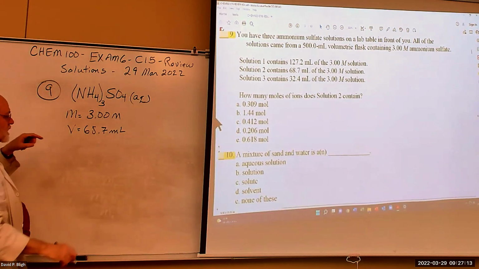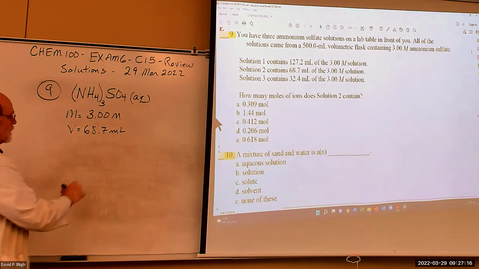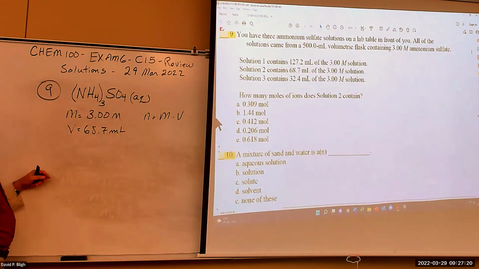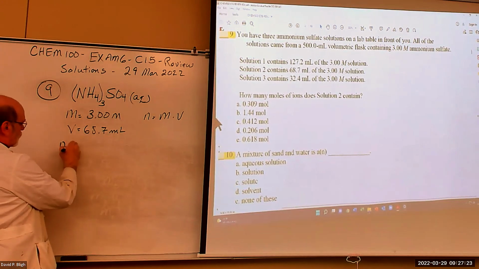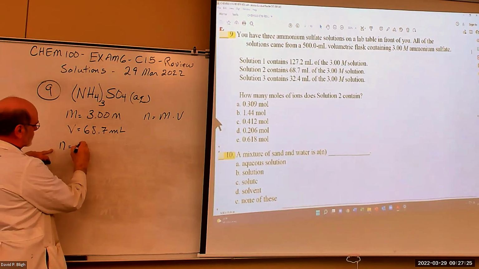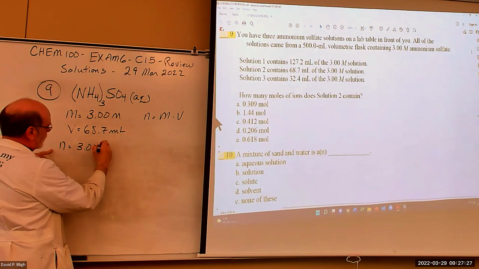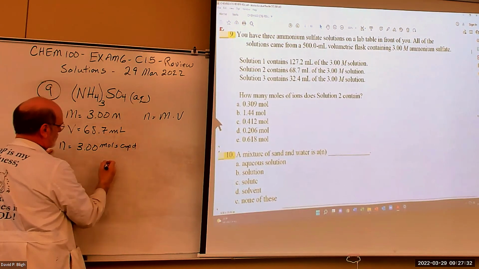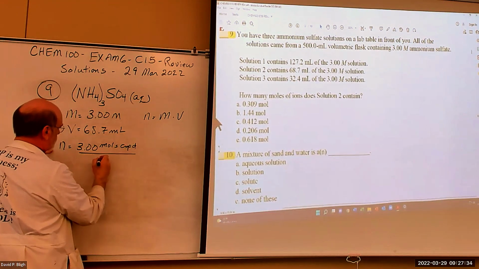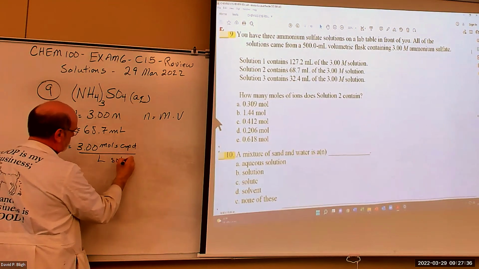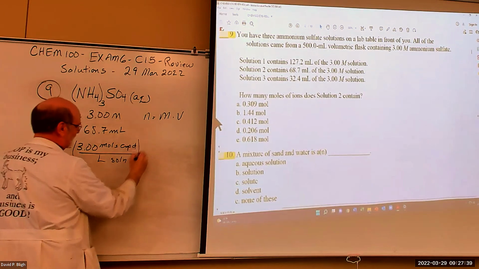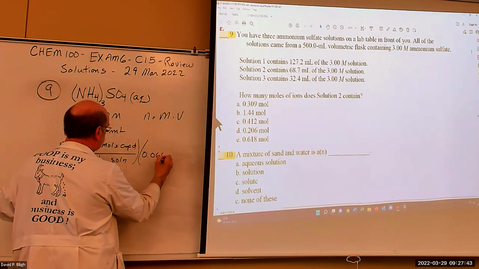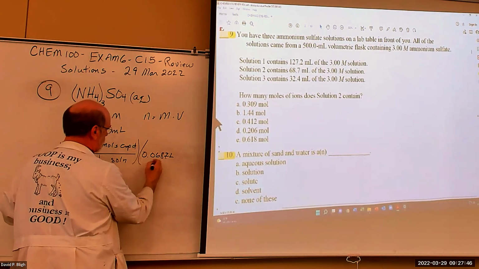And if we want to convert to how many moles, remember, moles equals molarity times volume. So we can say the number of moles equals molarity, 3.00 moles of compound per liter of solution, and then the volume is 0.0687 liters of solution.